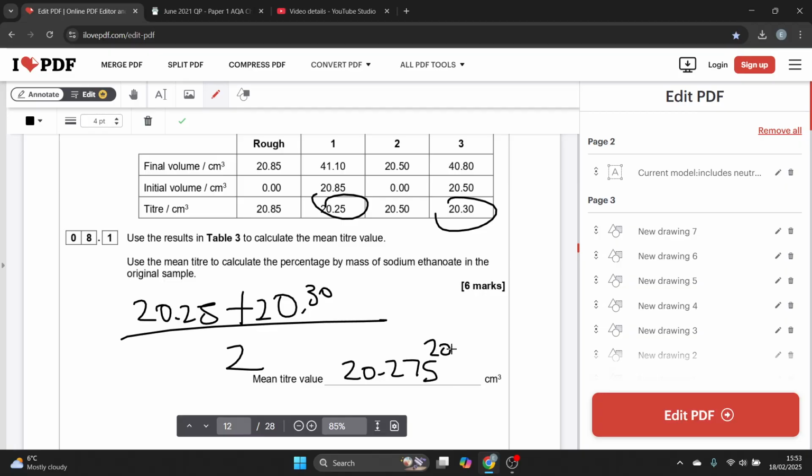Well, I'd say 20.28, since all of these are to 2 decimal places, yeah, but 20.275 is the correct one.